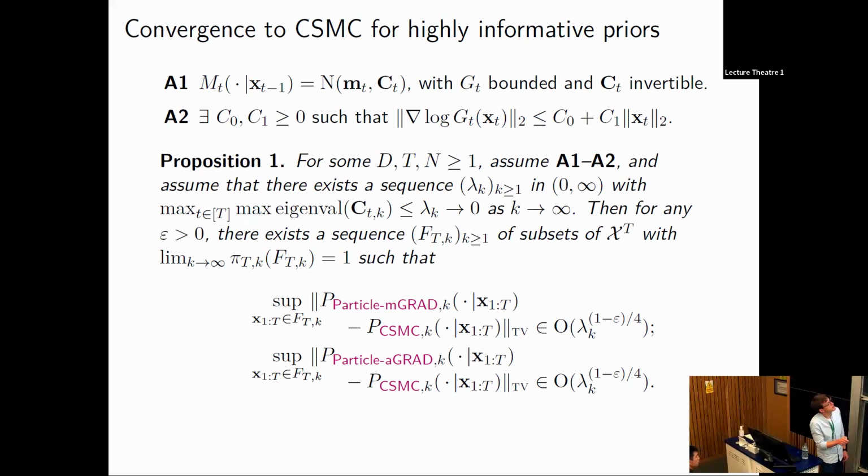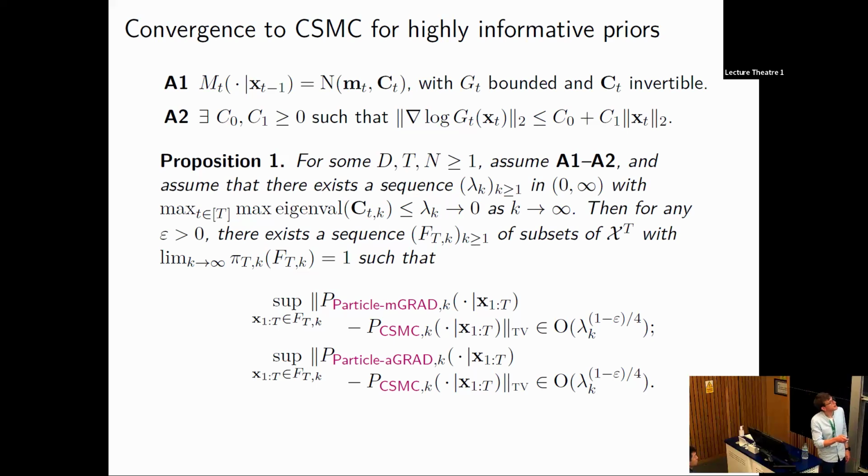The second assumption is kind of mild. It just says that we have some kind of Gauss condition related to the gradient of the log potential functions. Assumption A1 is stronger. It says that the model factorizes over time, but I'm sure this can be relaxed.